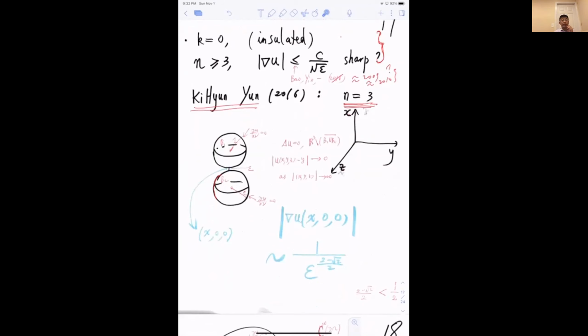So that's the rate on this line. You see, this number is less than 1/2. So this is 1/2. In principle, it gives you a possibility of showing that, at least on the line, it is better than this rate. So at least on this line, there's room.